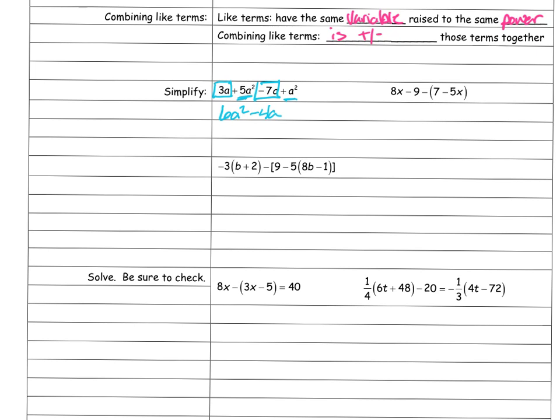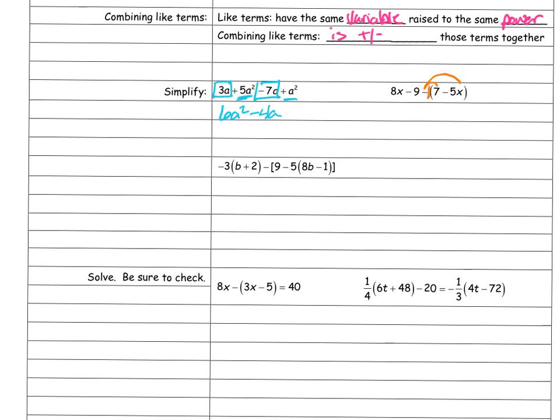On our second problem here, I have some parentheses with something outside the parenthesis, which means I need to do what? Distribute. Great. So I'm going to distribute the negative sign. I'm distributing whatever is touching the parenthesis. The 9 is not touching the parenthesis because there's something between the parenthesis and the 9, which is the negative sign, which actually means that I have a negative 1 right there.